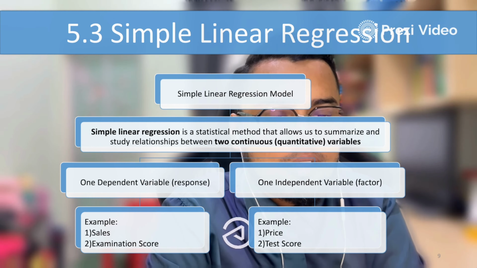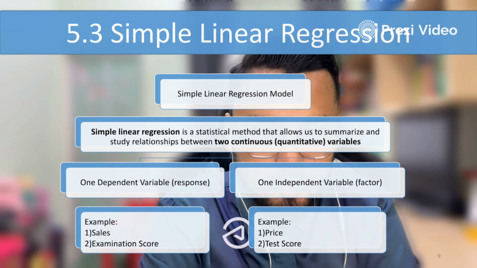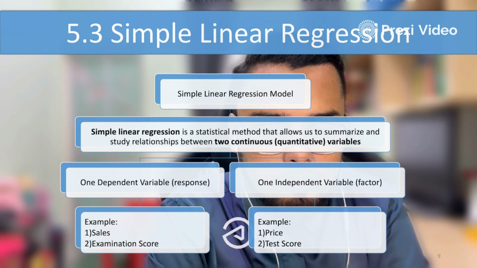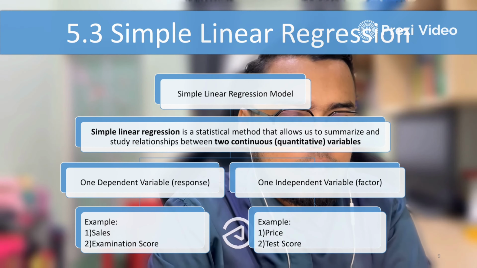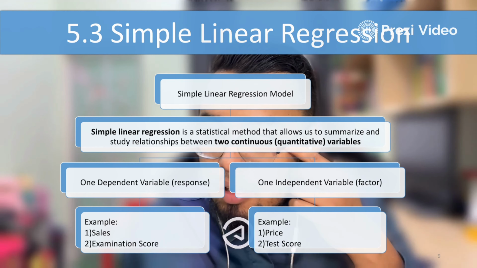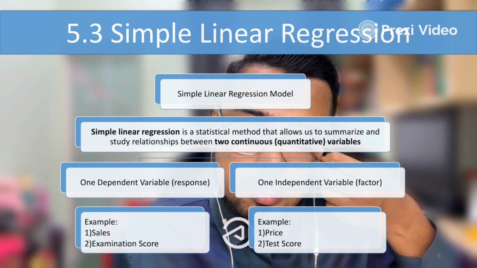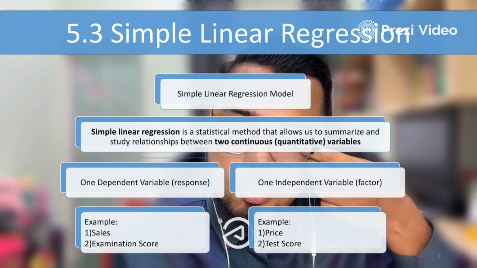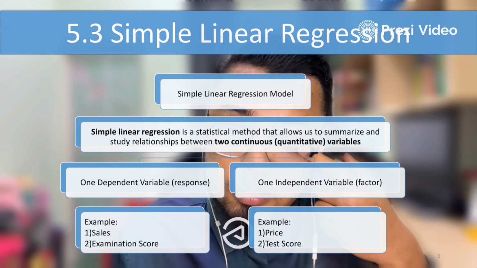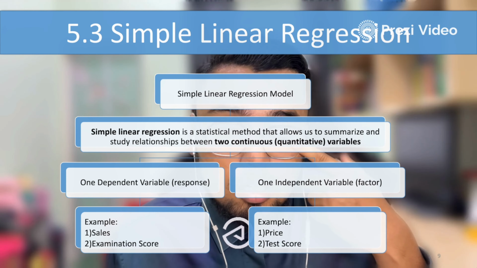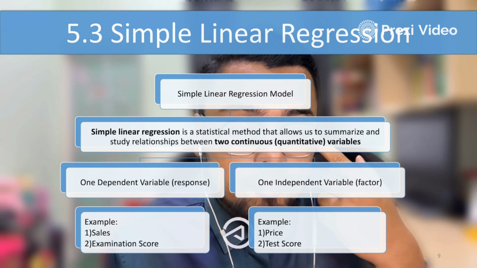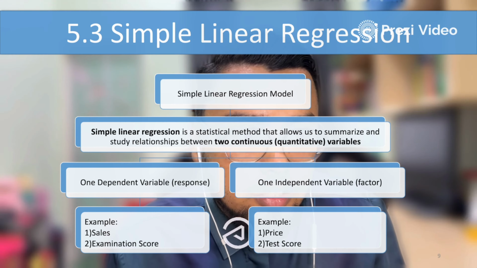One is set as the dependent variable, like in our part one, where our dependent variable is our final score, and then another is the independent variable, which is a contributing factor, also a continuous variable because we study simple linear regression.